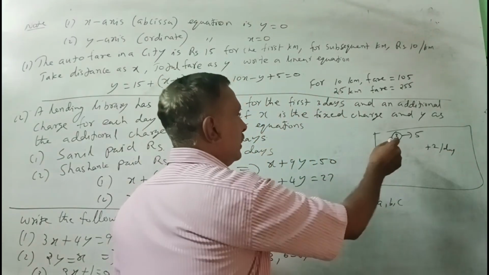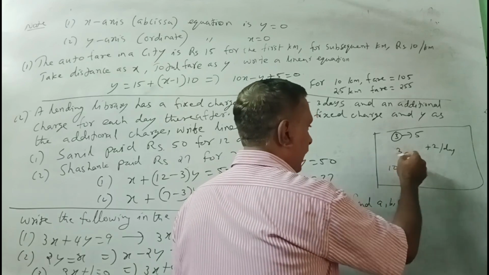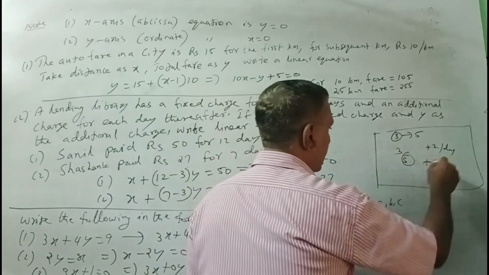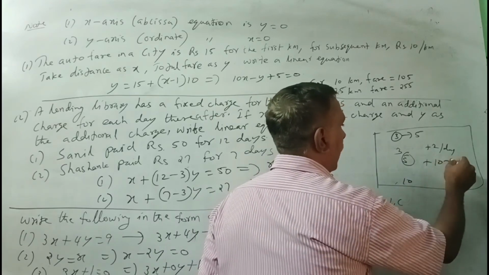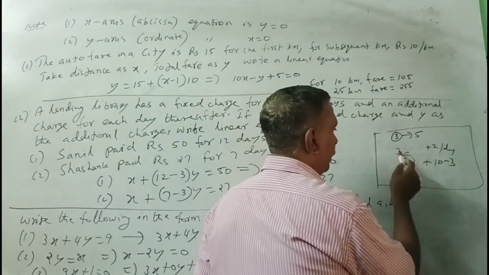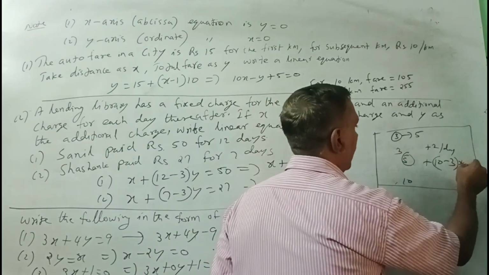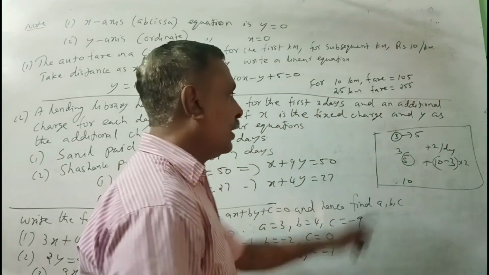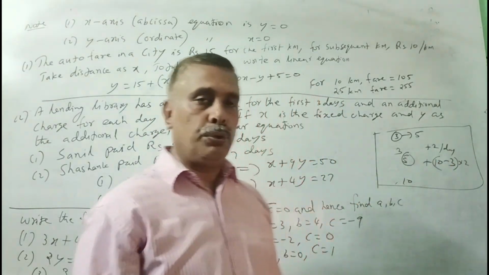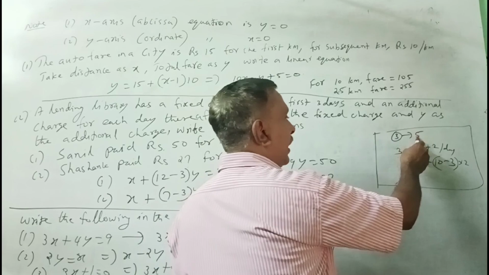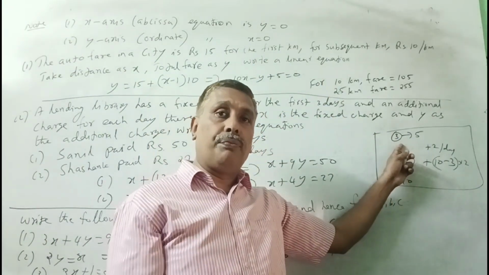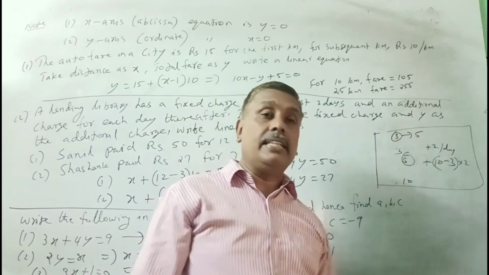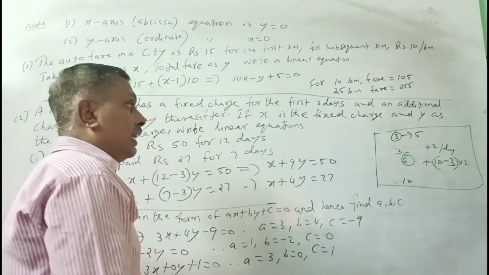Then this 5 is for the first 3 days, plus 10 minus 3 days multiplied by 2, means 5 plus 14, 19 rupees you have to pay. So just like the first case, for the first kilometer 15, here for the first 3 days it is 5. Just like that it is written.